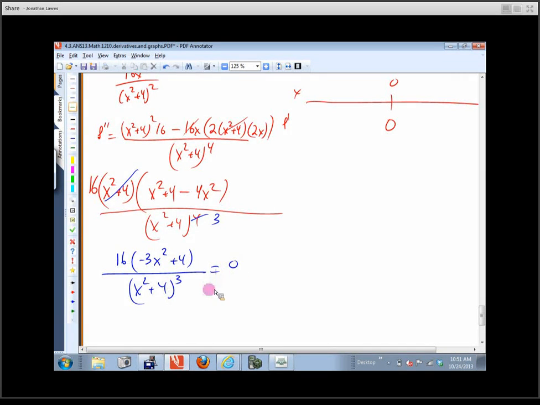We want to know where this equals 0 and where it does not exist. There's nowhere where it doesn't exist. I want to know where this equals 0 then. So when does negative 3x squared plus 4 equal 0? When 4 equals 3x squared.